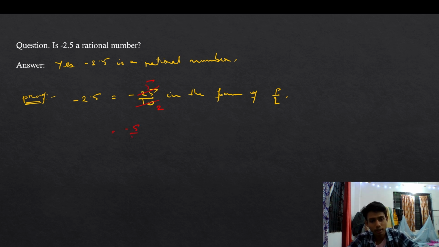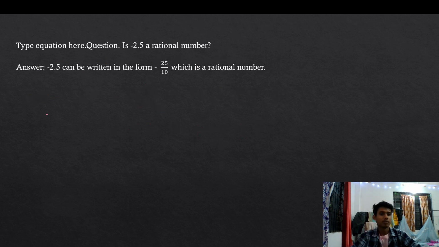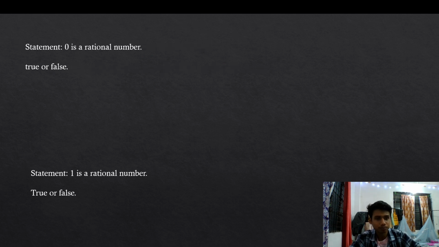That is equals to -5/2, which is again in the form of P/Q. Here I have written the answer.